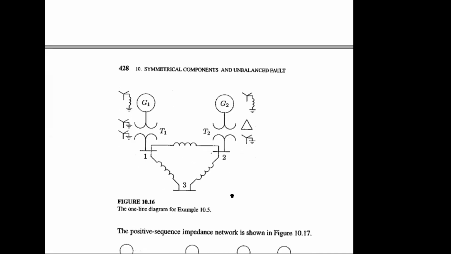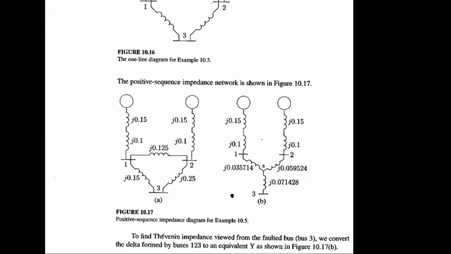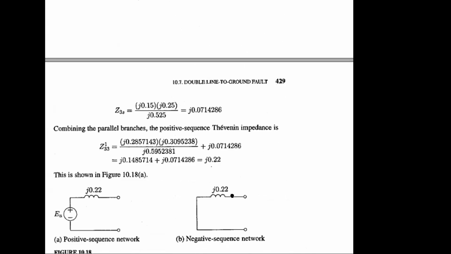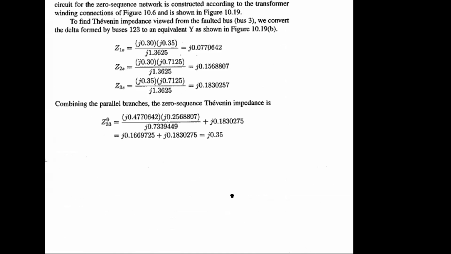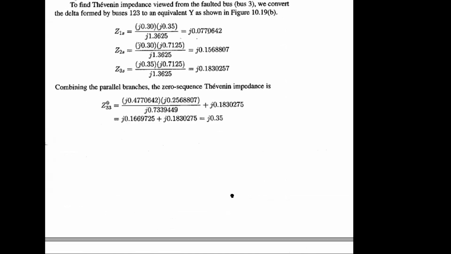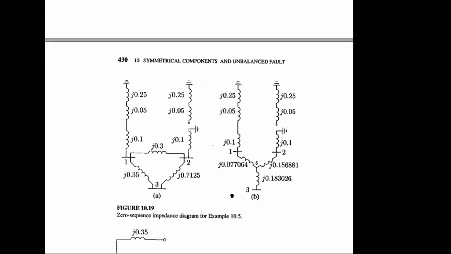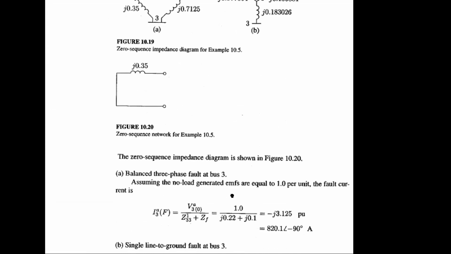Second step, when you complete all the Z calculation, Z1, Z2 as well as Z0, then you can proceed for fault current calculation. Okay, because now you have all the Z in your hand, you can address fault calculation based on different scenario.